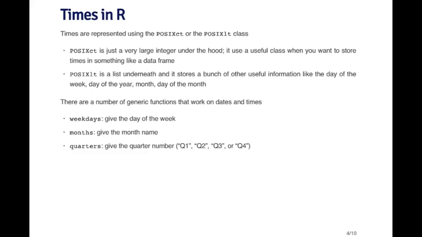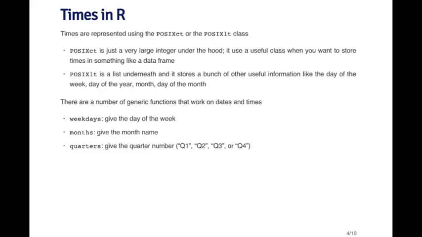So it's a useful type of class if you want to, say, store times in a data frame or something like that, because basically it's like a big integer vector. POSIXlt stores a time as a list underneath, and so it stores a bunch of other useful information about a given time. For example, what's the day of the week of that time, what's the day of the year, the day of the month, or the month itself.